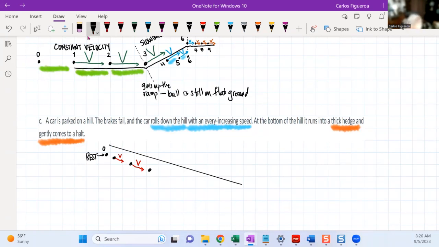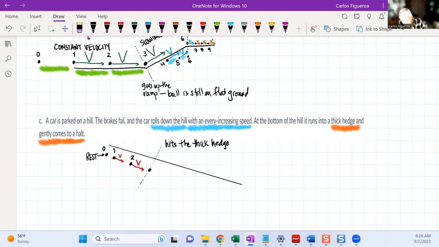And then right here, it hits the thick hedge. Okay. So here's one. Maybe I should write it up here because I want to look at my intervals.